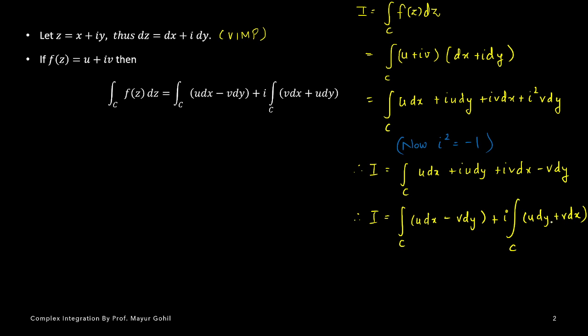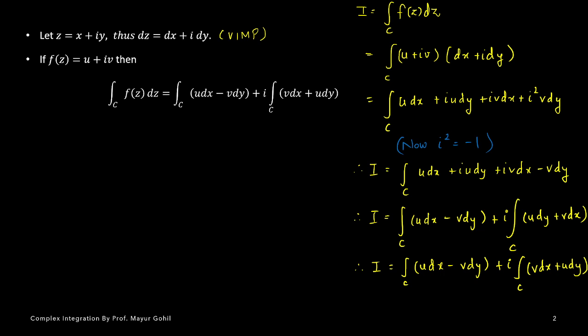u dy plus v dx, you can swap it and write, because it's just a mathematical notation to write x first and then y. So it's I equals integral over c of u dx minus v dy, plus i integral over c of v dx plus u dy. So this is the formula, and this is how it has come into the picture.